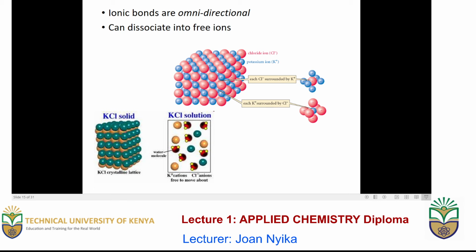This only occurs when they are in their liquid form or when they are dissolved in water. What I am referring to here is that they exist as free cations of potassium, for instance, in the case of potassium chloride. They exist as free cations of potassium and anions of chloride, and they are able to move around in an omnidirectional orientation.